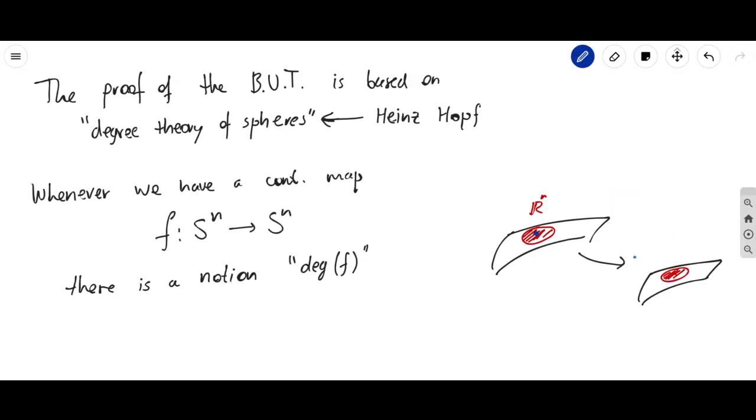Now, if you have some point that's being mapped to another point, and you remove this point, then the remaining region homotopes to an n-dimensional sphere. And so you have a mapping from the n-dimensional sphere to the n-dimensional sphere.